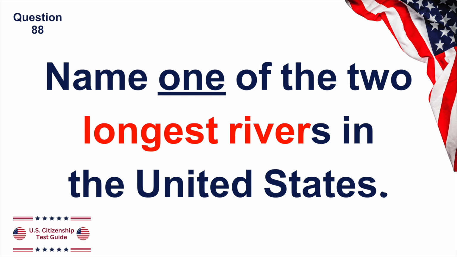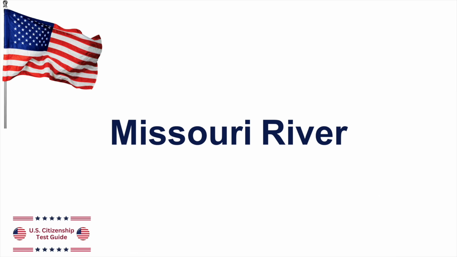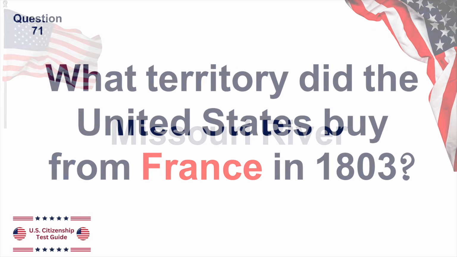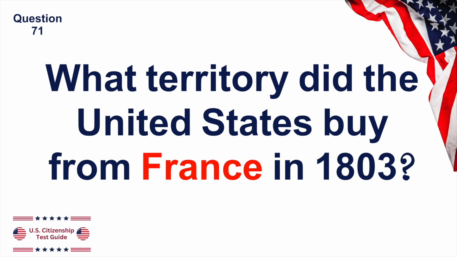Name one of the two longest rivers in the United States. Missouri River. What territory did the United States buy from France in 1803?